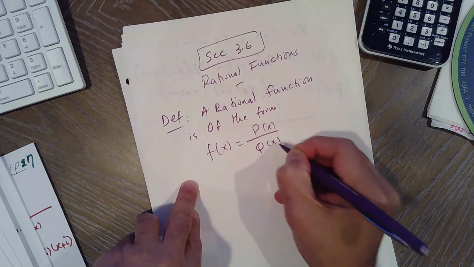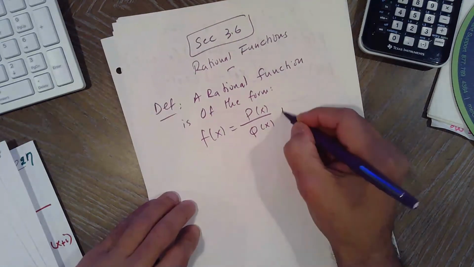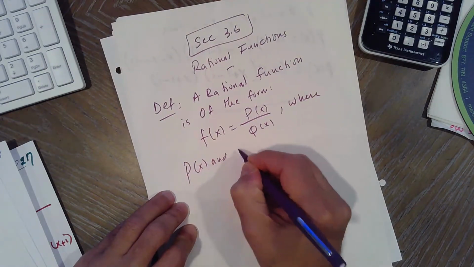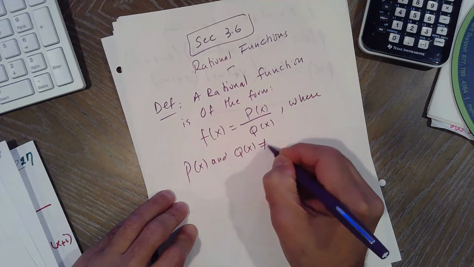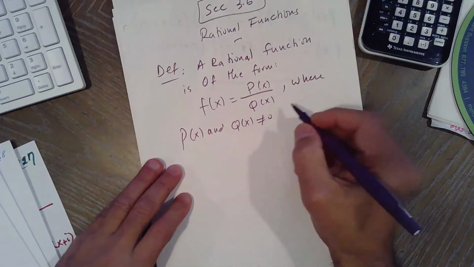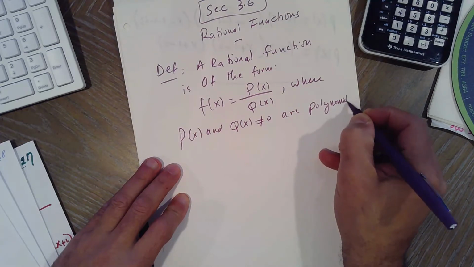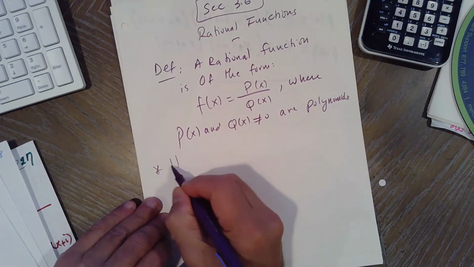So when you divide two polynomials, you get a rational function, where p and q are polynomials. Q cannot equal 0 because that's in the denominator. So how do we graph rational functions?